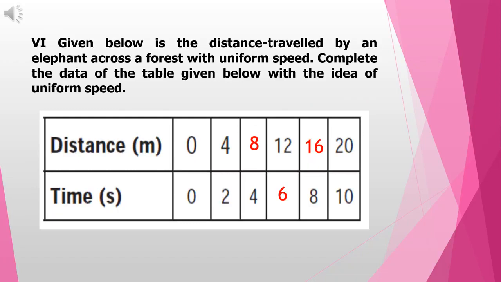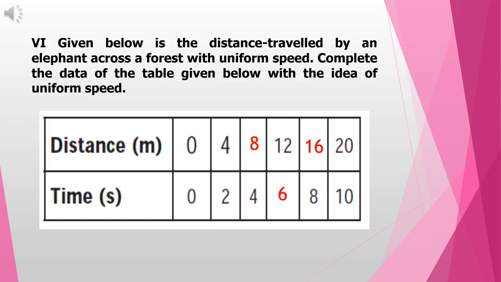Sixth Roman letter, given below is the distance travelled by an elephant across a forest with uniform speed. Complete the data of the table given below with the idea of uniform speed. Distance, meter, time, second. The distance is given in the table of 4. 0, 4, 8, 12, 16, 20. 0 into 4, 0, 1 into 4, 4, 2 into 4, 8, 3 into 4, 12, 4 into 4, 16, 5 into 4, 20.